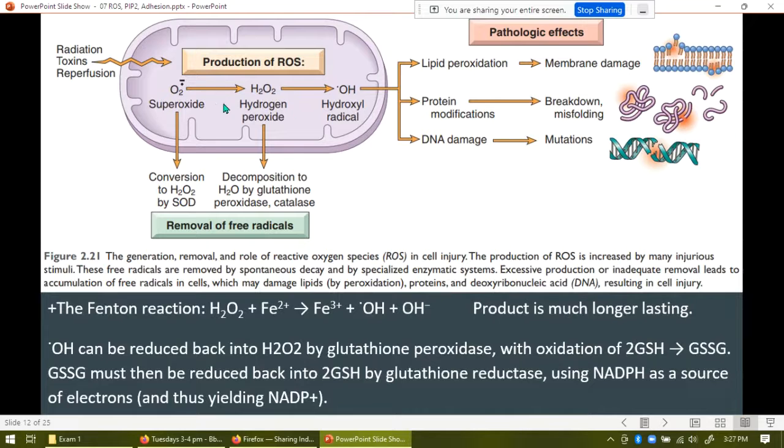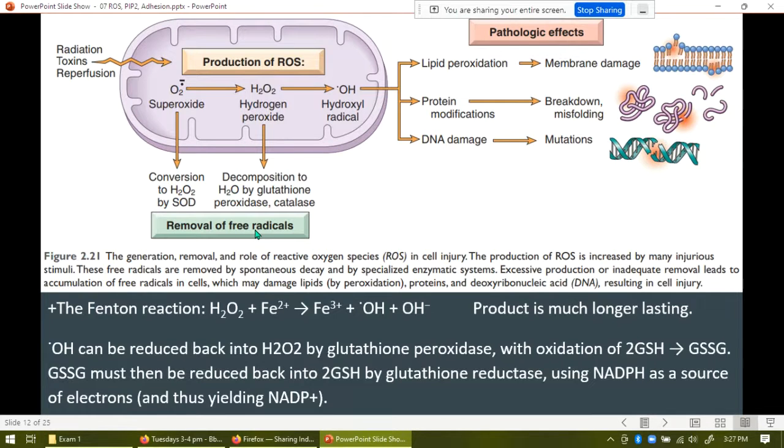So reactive oxygen species go through this sort of pathway here. Host cells have the enzyme glutathione peroxidase, which converts peroxide into water. Catalase is expressed on certain bacteria and other pathogens that can break down peroxide.